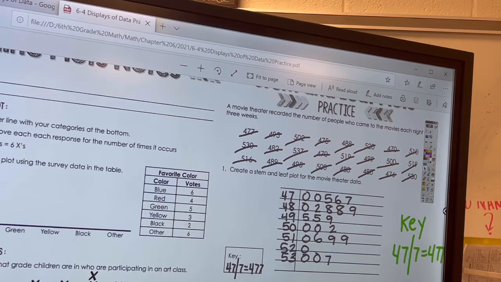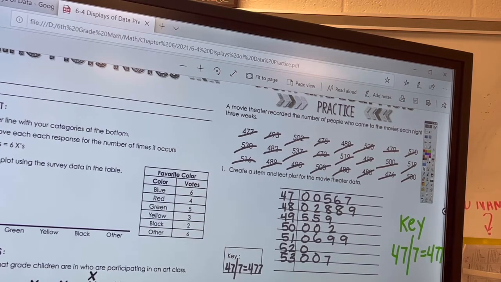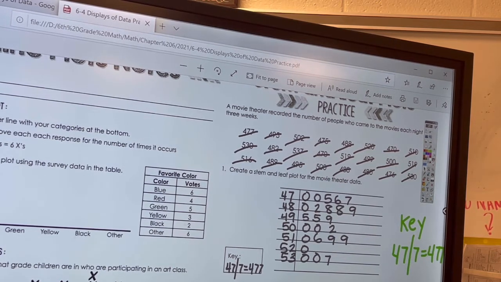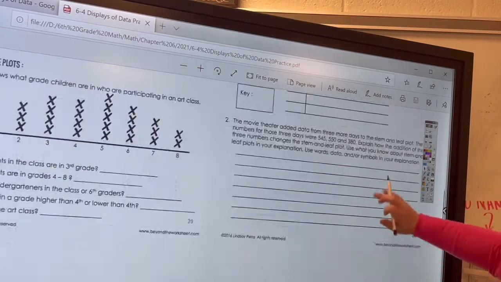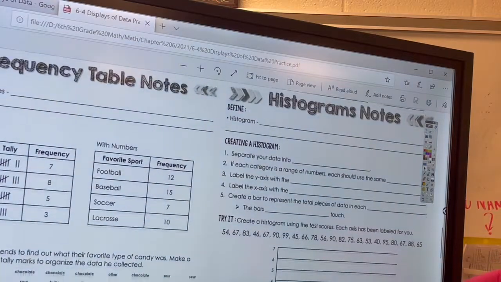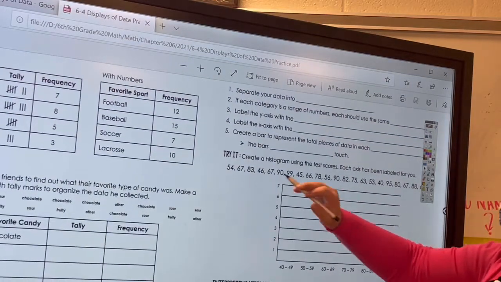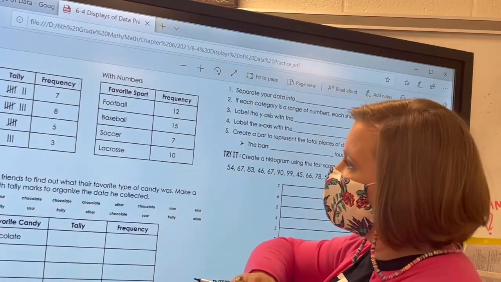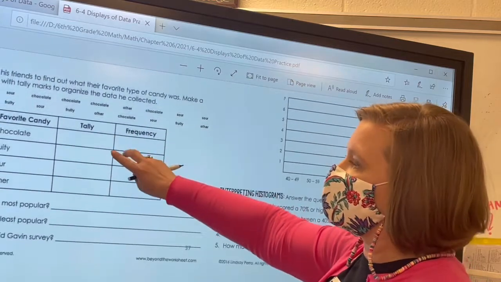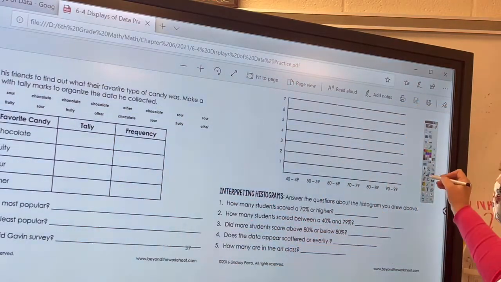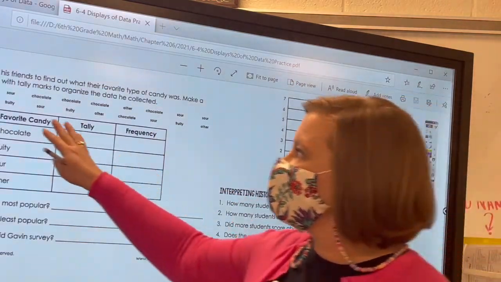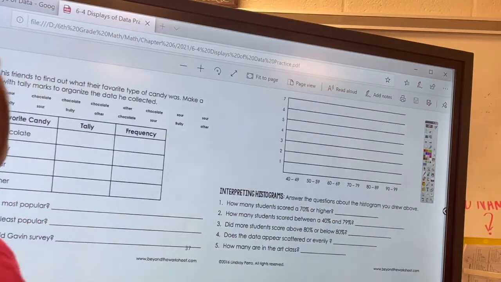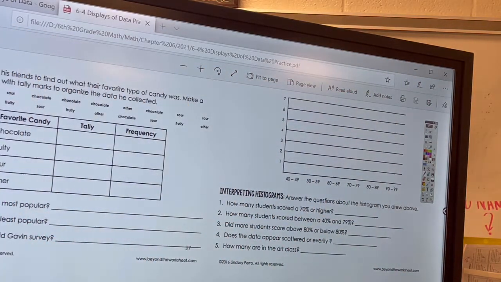Okay, so flip over, just turn your paper over to the next page. So we have our frequency table. We have 2 examples of frequency tables, and then we have some practice right here, okay? So what we're gonna have to do is, Gavin surveyed his friends to find out what their favorite type of candy was.